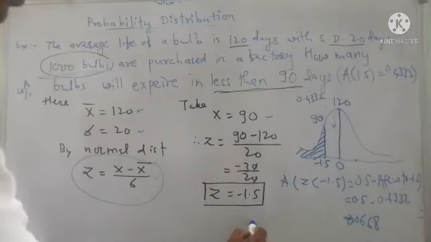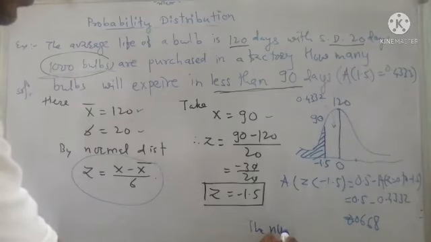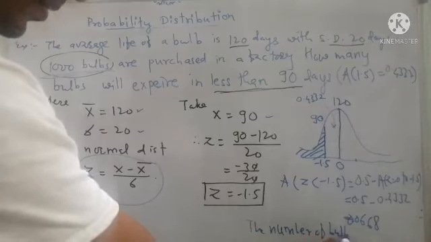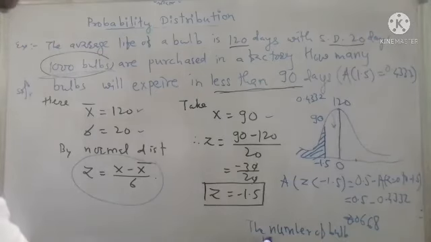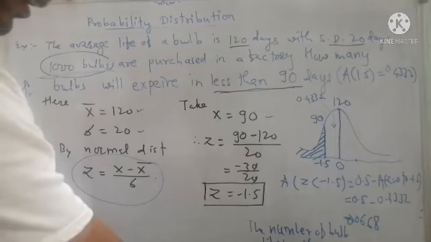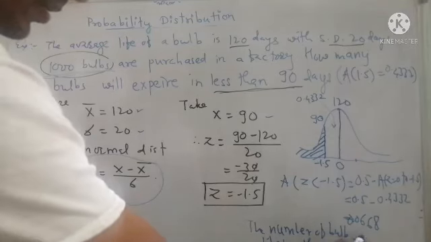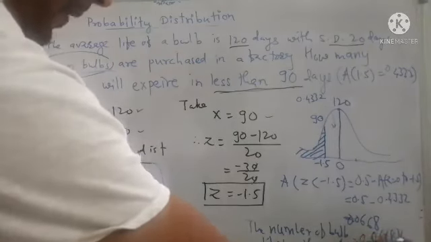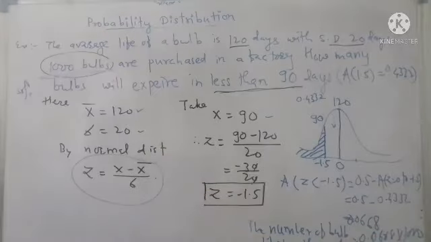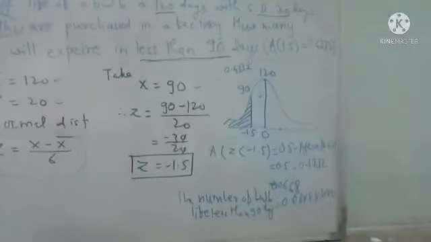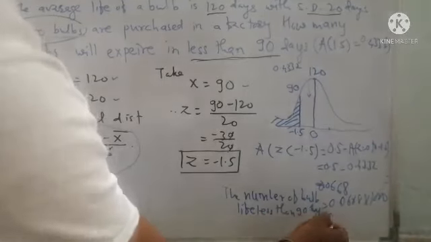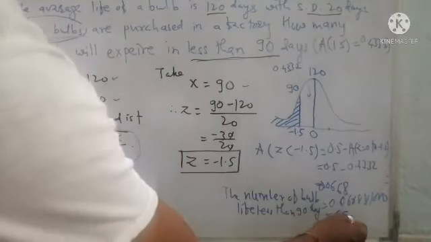So the number of bulbs having life less than 90 days is equal to this area 0.0668 multiplied by 1000, which gives 66.8.